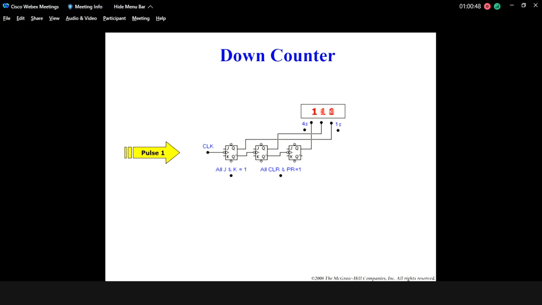So let's say we have first 111 as the initial state, and then we give another pulse, the output will become 0. Okay, pass down, this one becomes 0, and then this one has not changed yet, okay? And then when this pulse comes down, this one becomes 1, and then this one triggers from high to low, and from 1 becomes 0, and this one goes to here.